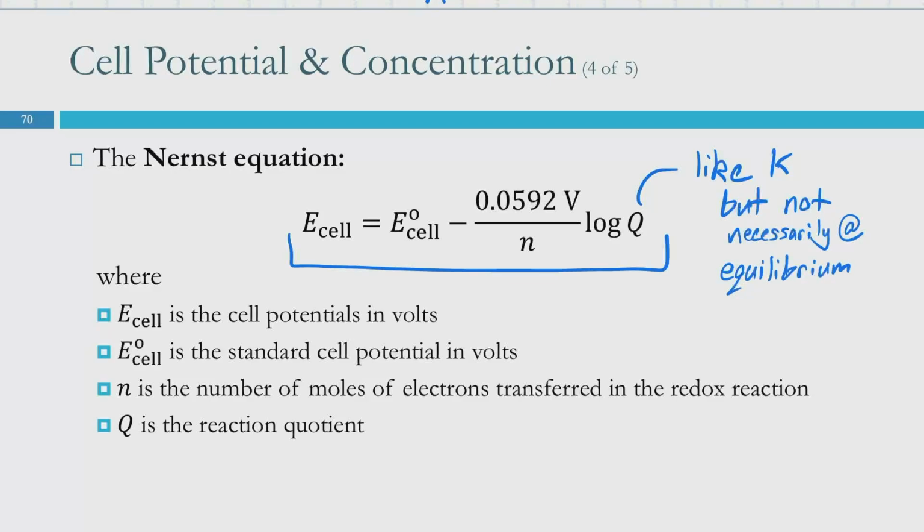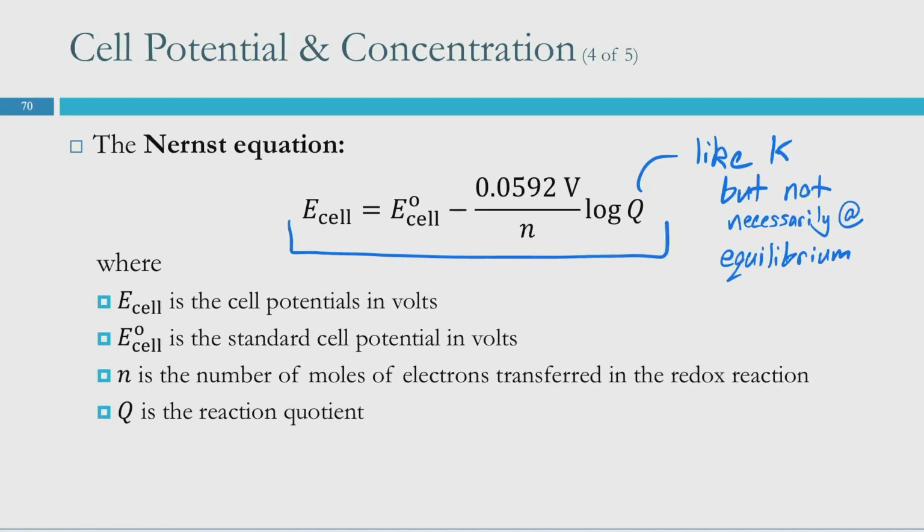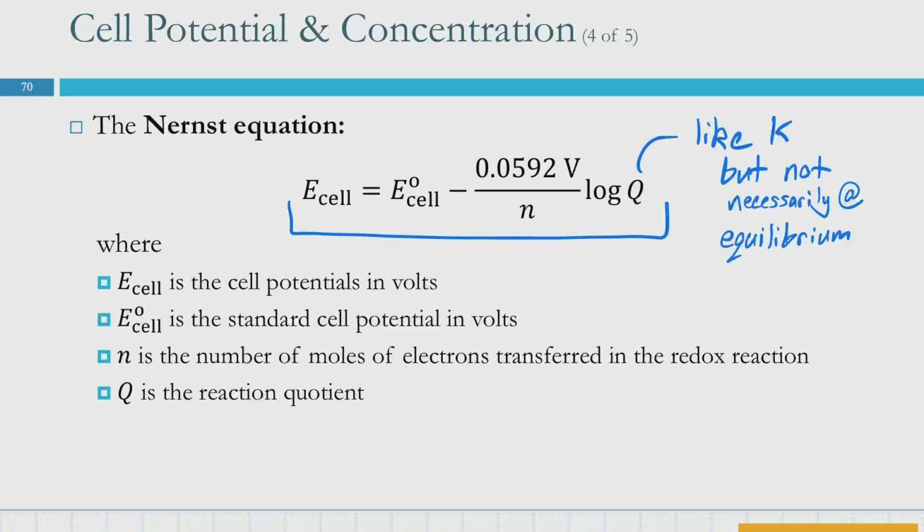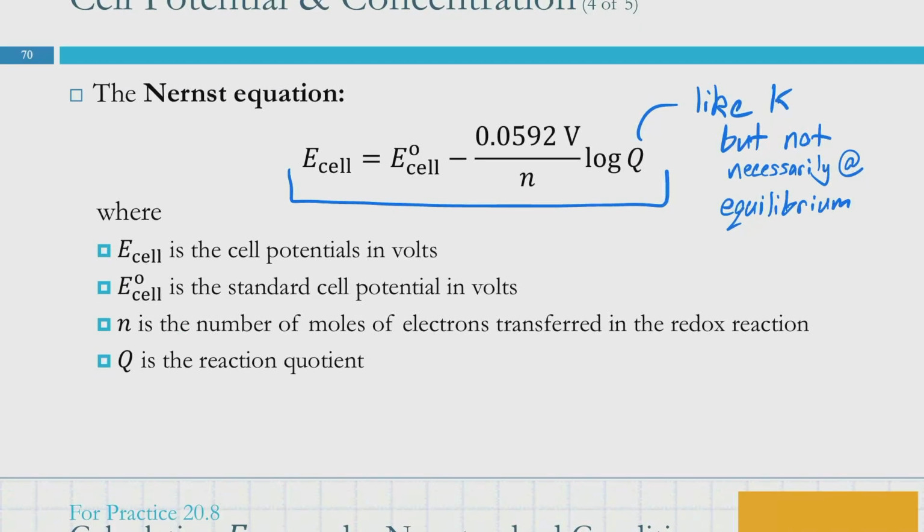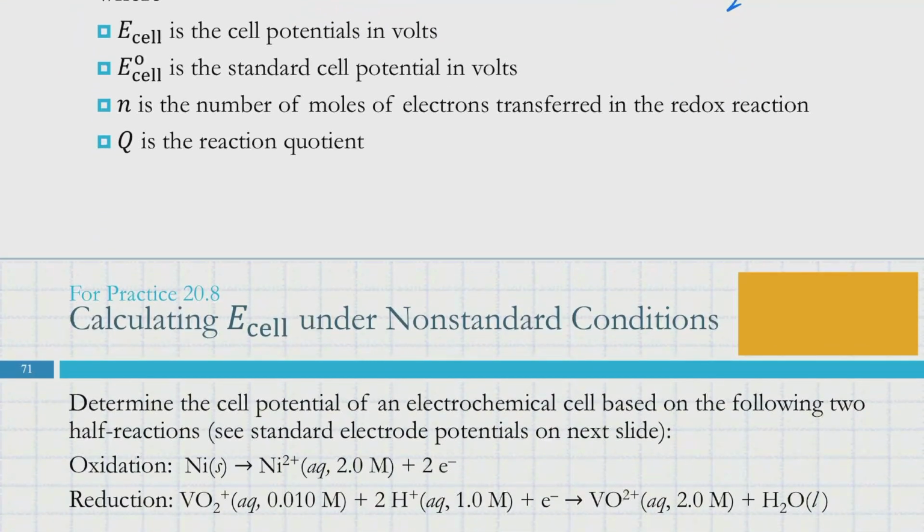It can also be at equilibrium, but most of the time it won't be. It's the same products over reactants with their coefficients, excluding solids and liquids, and maybe not gases, depends.